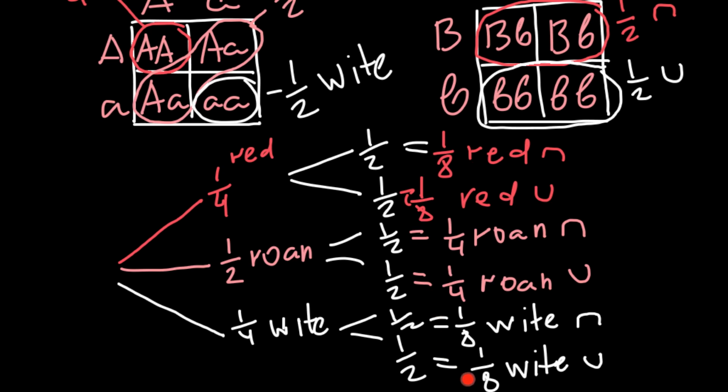If we add all these numbers, we get 1, or 100%. So all these phenotypes combined give us 100%.